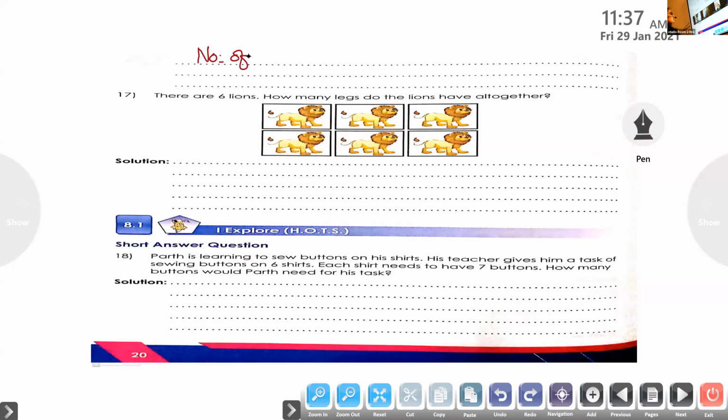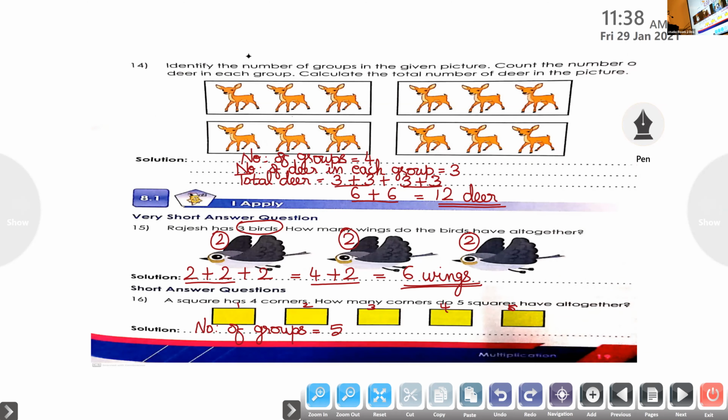What is to be found out? Number of something in each group, isn't it? Read the question. A word is given over there. A square has 4 corners. How many corners are there altogether?